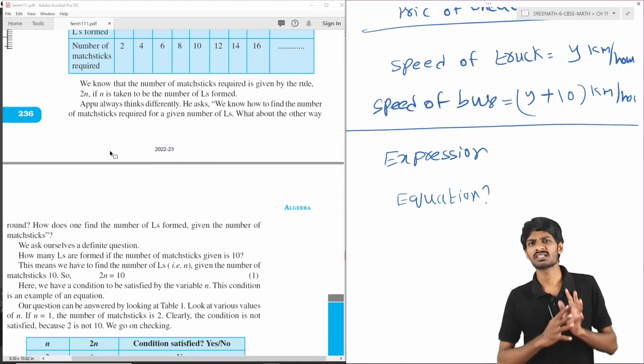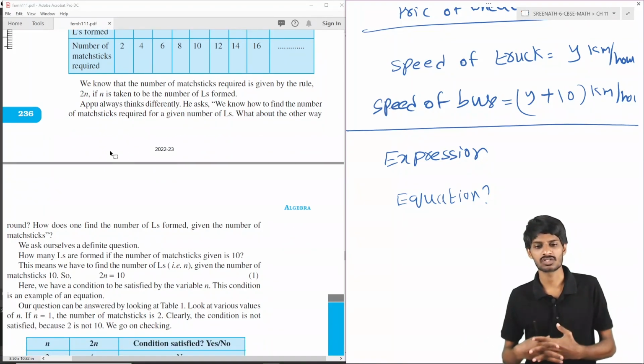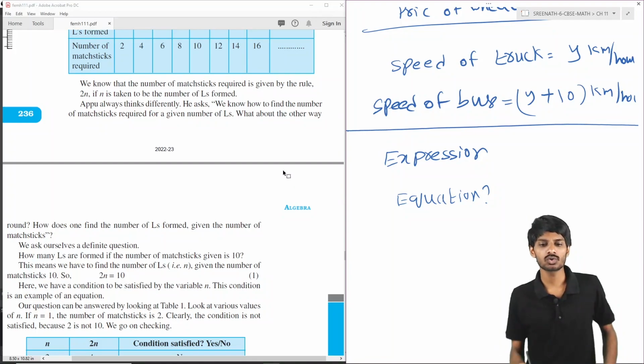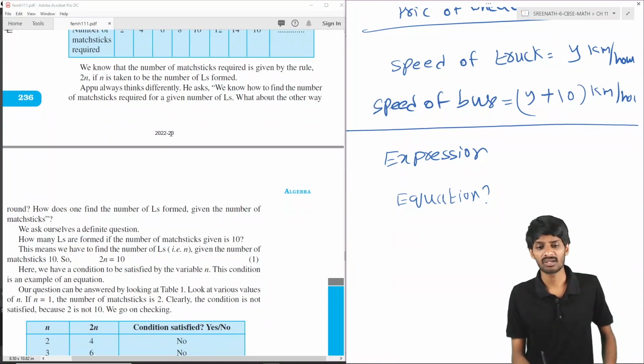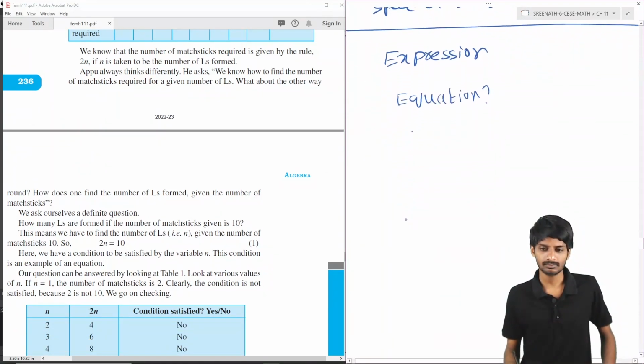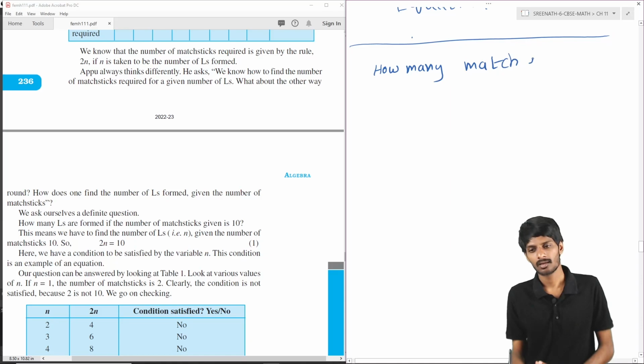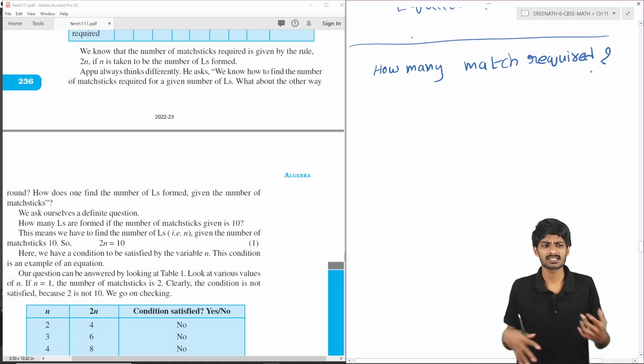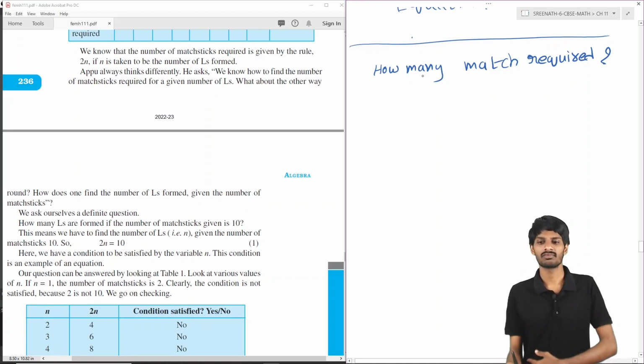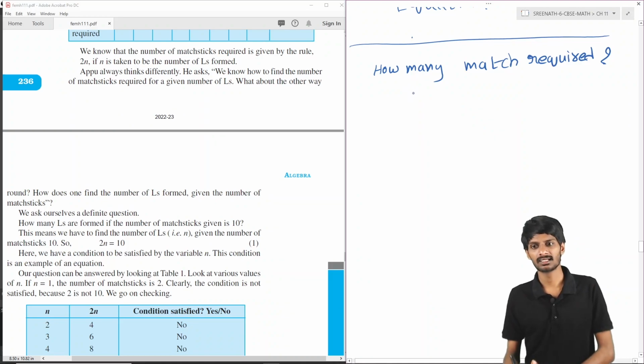So Appu is always thinking differently. She always asks questions. We know how to find the number of matchsticks required for a given number of L's. So this is the question of Appu, students: how many matchsticks are required for 7 L's, like that.